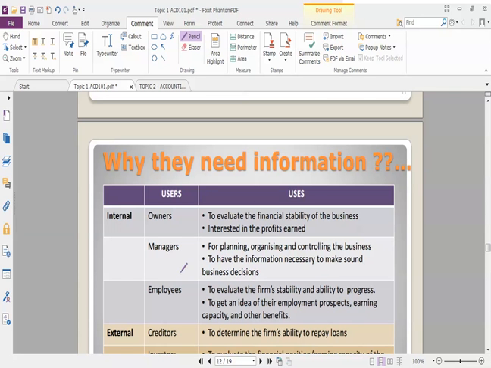If the firm is stable, the employees will continue working at that company, and to get an idea of their employment prospects, whether they will get other benefits from the business such as bonus. If the company performs well and gets a lot of profit, the employees want to know because they want other benefits such as bonus.